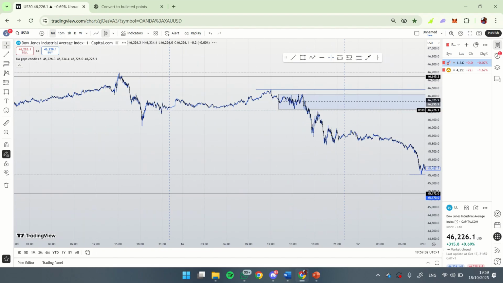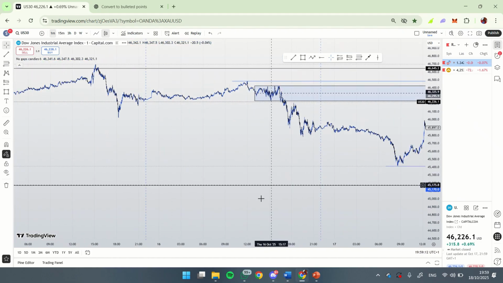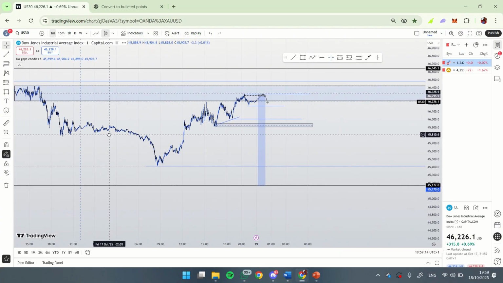Choose your struggle. Why am I expecting it to reach this low? Because of this reaction here. This place failed, which means it is targeting the low that brought it, which is this low. So you see, as simple as that. So this is my view on USDC and gold.